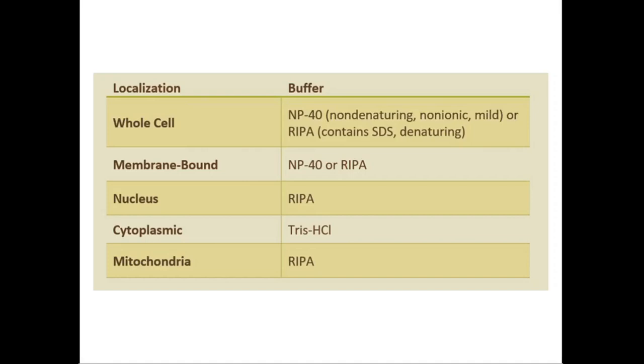So this RIPA buffer is used to lyse cells and tissues, specifically for use in radioimmunoprecipitation and also in protein assays, protein purifications, and other analytical procedures. This RIPA buffer can disrupt nuclear membranes and it can solubilize cytoplasmic proteins.